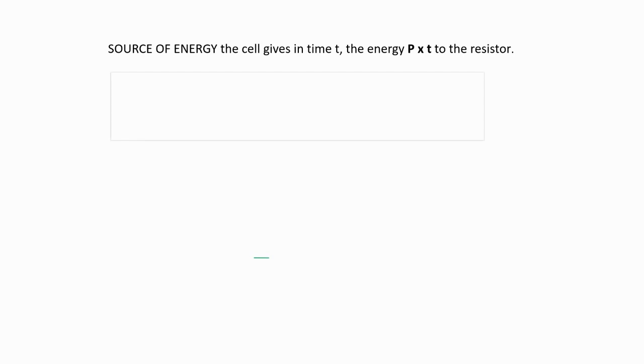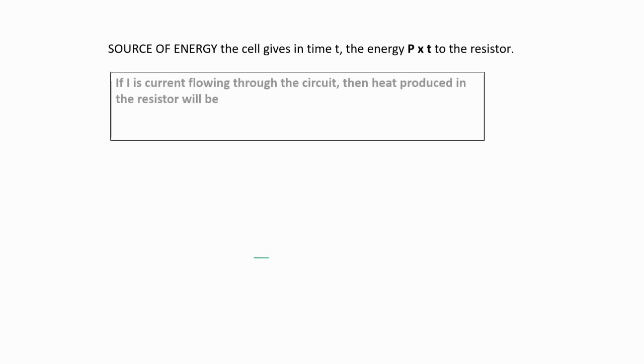We have seen that the cell gives the energy to the resistor in time t. So P into T, that is electrical power into T, this amount of energy is given to the resistor by the source. If I consider the current flowing through the circuit, heat is produced in the resistor, right?